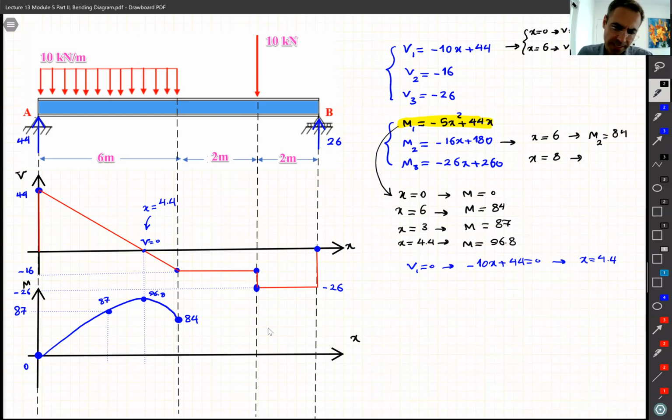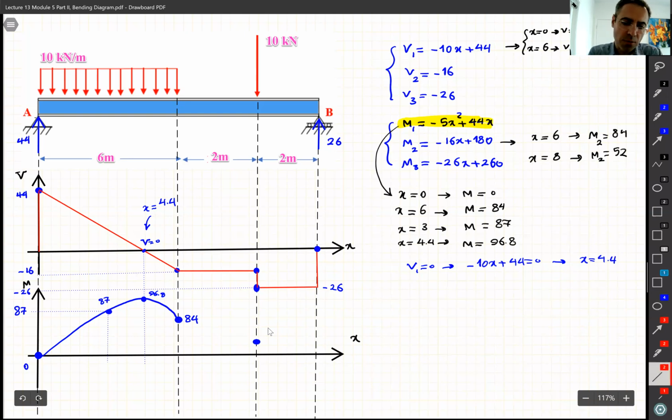And when x is equal to 8, let's try that one. It gives me 52. All right, so 84 and then 52, which is a point around there.